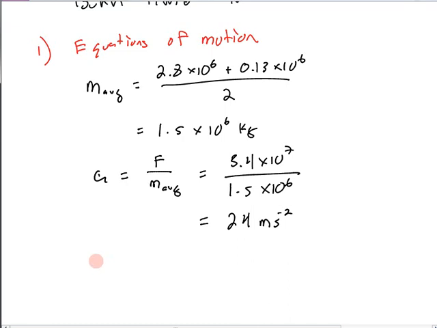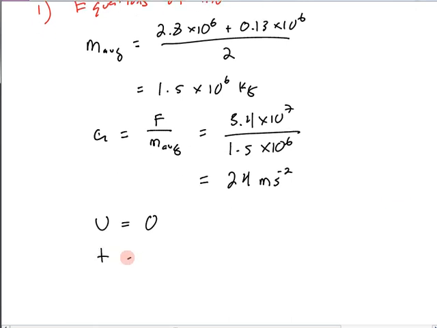We also know that the rocket's going to start from rest, because we're trying to measure top speed, so it's only fair to say that it starts from rest. And we know that it's going to accelerate for 500 seconds, and what we want is final velocity. So we're looking for an equation with a, u, t, and v.